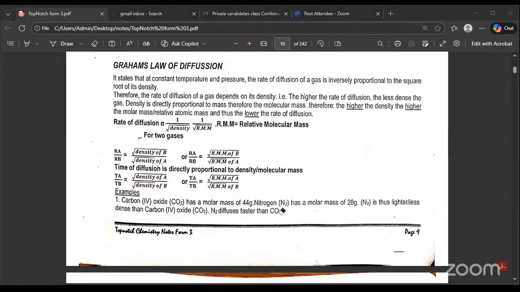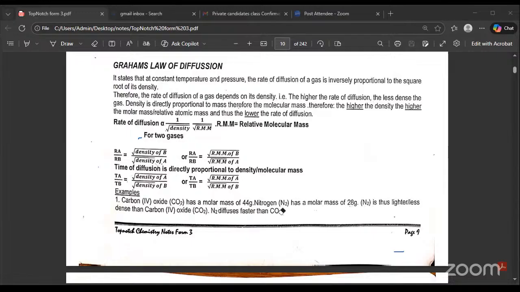And nitrogen has a molar mass of 28, so we have N2. When you're given the name, that is why I was saying it is very important for us to know how to write the chemical formula of whatever you're given. So you can be given sulfur peroxide, you're supposed to know how to write the chemical formula. Sulfur 6, you could be given anything. You can even be given the ozone layer, because it is a gaseous material, or it is gases coming together.